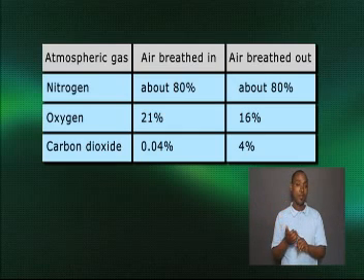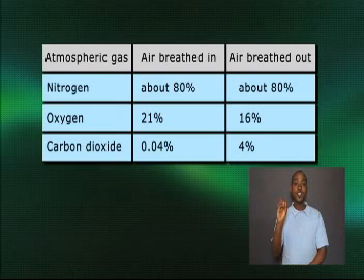Exhaled air contains 16% oxygen and 4% carbon dioxide. Exhaled air is warmer and contains more carbon dioxide and water vapor than inhaled air. Inhaled air contains more oxygen than exhaled air.